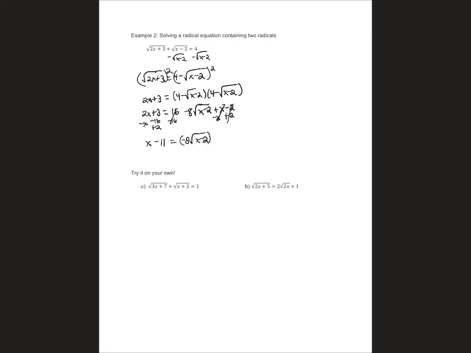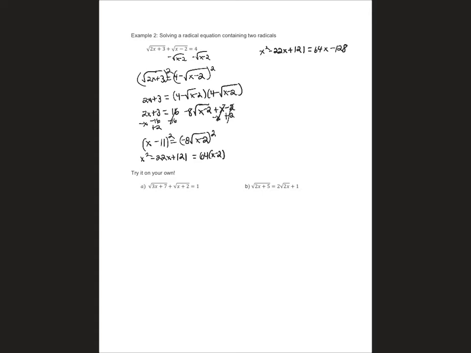Let's go ahead and square both sides to get rid of that radical. And I get x squared minus 22x plus 121 equals 64 times x minus 2. Clean this up. I got x squared minus 22x plus 121 equals 64x minus 128.